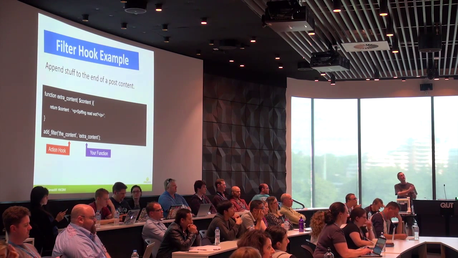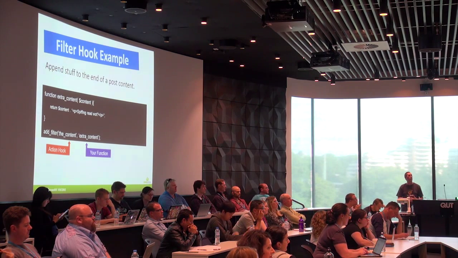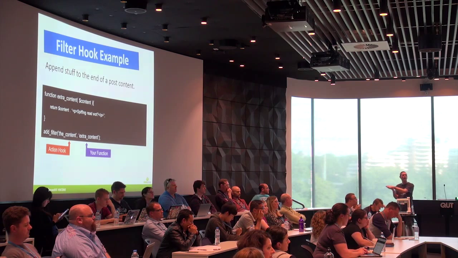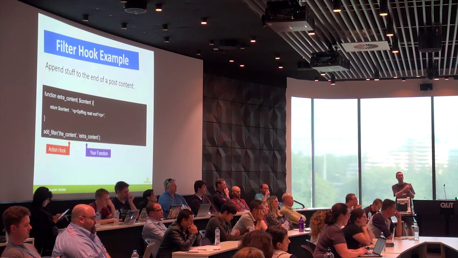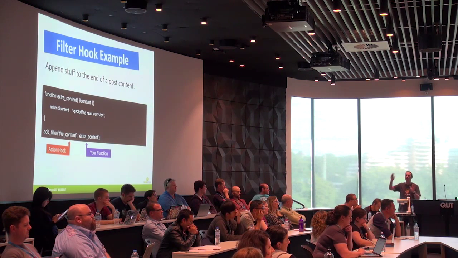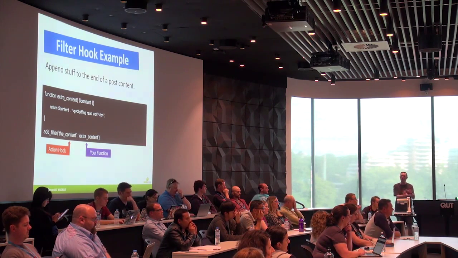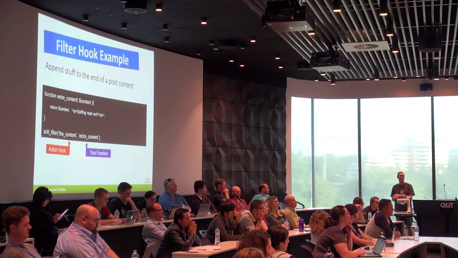So what we're doing here is we're taking that $content, which is the post content, and all we're doing is we're returning it back out and appending something to the end, which is just a paragraph. If you didn't return anything, then your content's going to disappear. You need to continue the flow of stuff. So whatever comes into the filter, whatever WordPress supplies you with, you still need to pass back out when you're using filters.